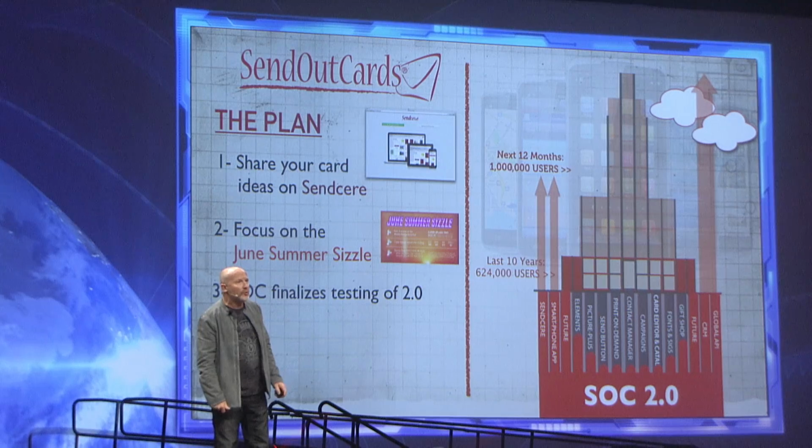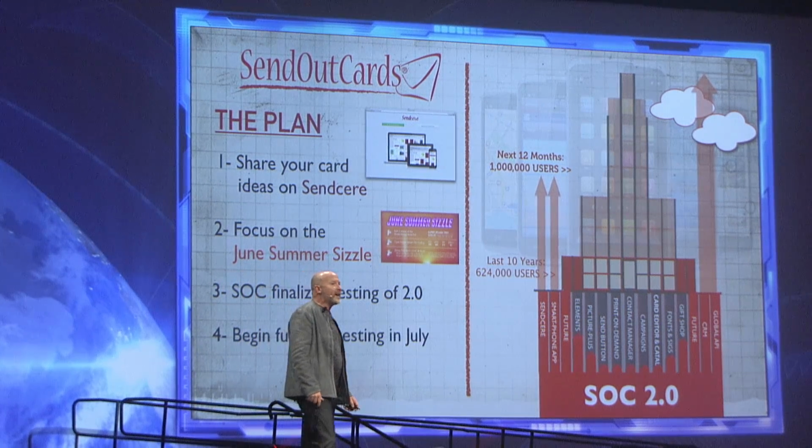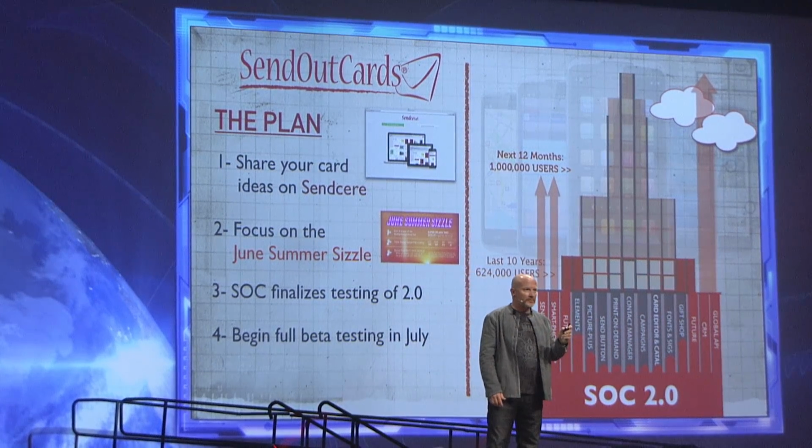The third thing that you'll see happen is SendOutCards will finalize the testing of 2.0. We will begin full beta testing in the month of July. I know, but you're saying, July what? In the month of July.